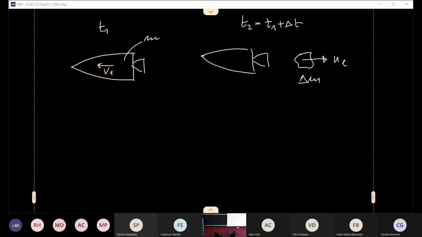Of course, this mass has been subtracted from the overall mass of the rocket. As a result, we have a velocity which is now v2, equal to v1 plus delta v.